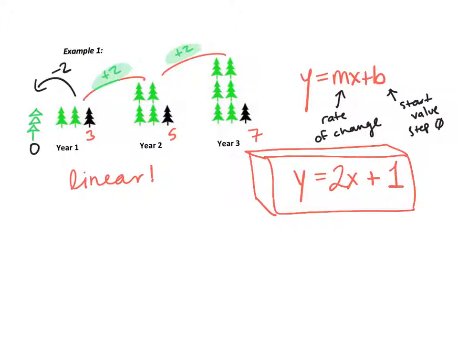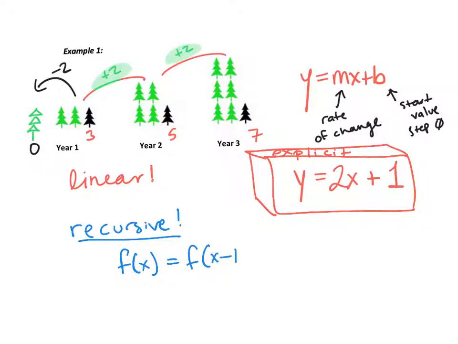Good. Now, what about recursive? Y'all, what is recursive? Did I say that this was explicit? This is the explicit. What about the recursive formula? What does a recursive formula always start with? It always starts with f of x equals f of x minus 1.